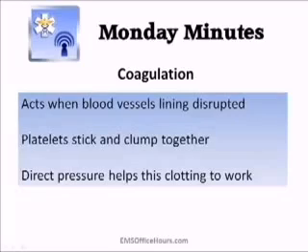They start clumping together to seal that hole in the vessel where the blood is escaping from. The platelet plug that develops stimulates clotting, and fibers start to develop and create that permanent seal, permanently closing off that vessel.